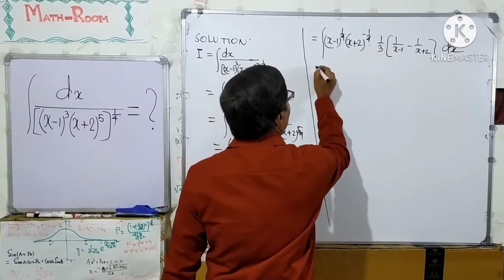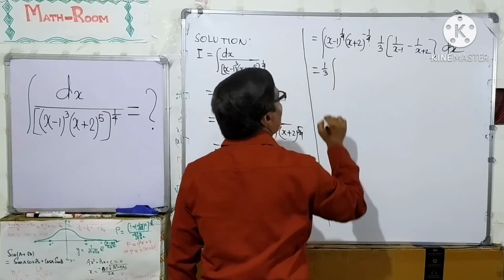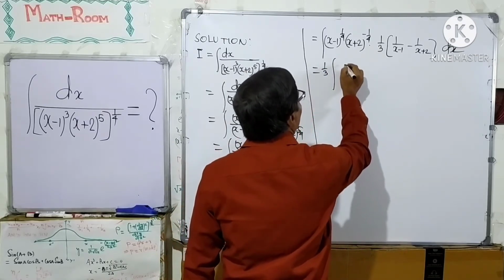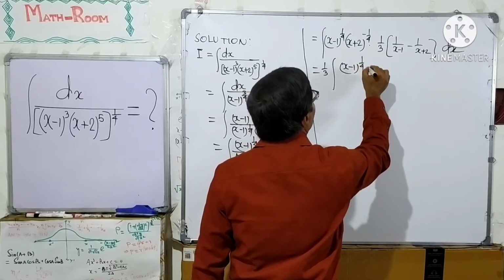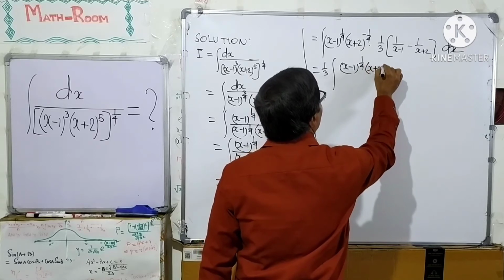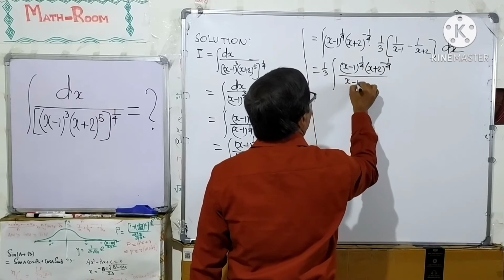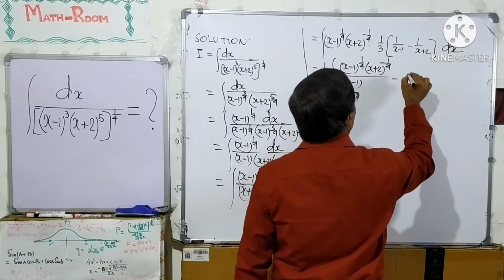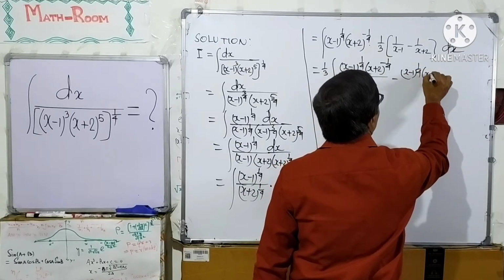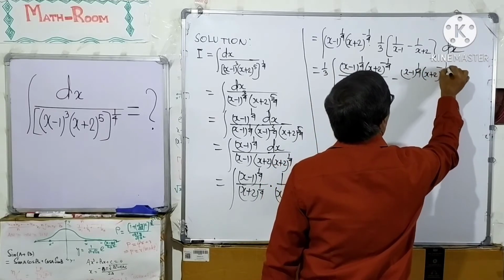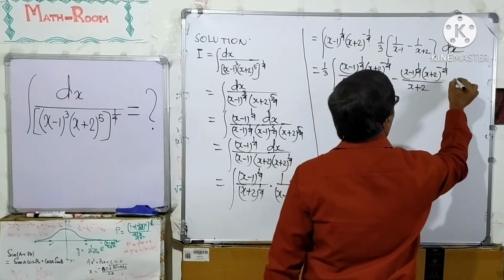This is also 1/3 times [(x minus 1) to the power 1 over 4 (x plus 2) to the power minus 1 over 4 over (x minus 1) minus (x minus 1) to the power 1 over 4 (x plus 2) to the power minus 1 over 4 over (x plus 2)] dx.